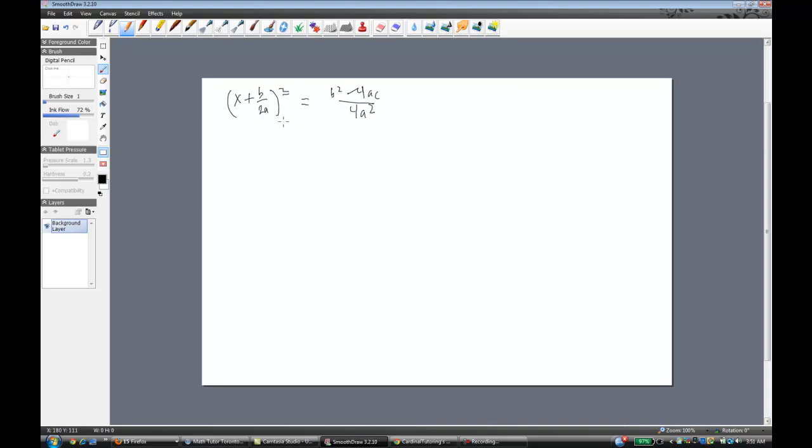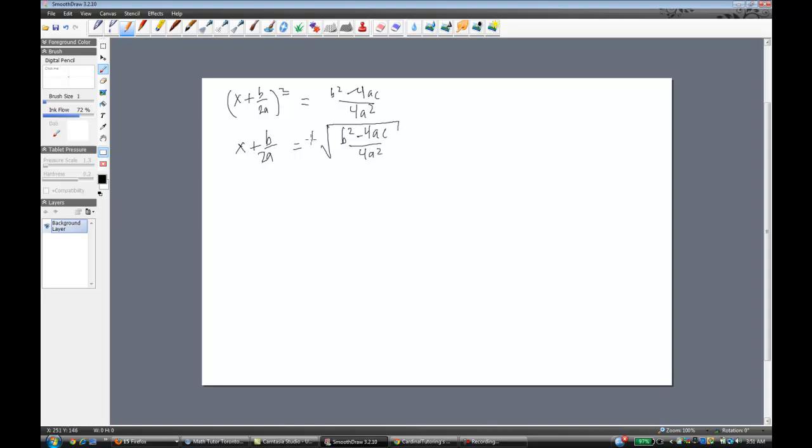And taking the square root of the left side will actually just reverse the exponent, and we'll be left with x plus b over 2a is equal to the square root of b squared minus 4ac all over 4a squared.